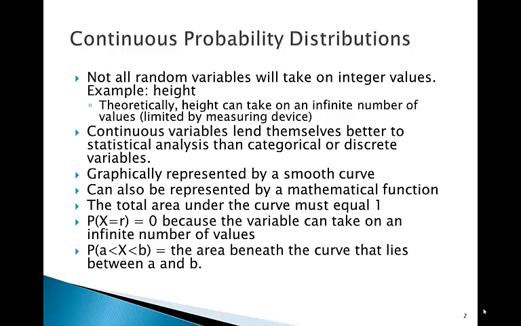This is because a variable can take on an infinite number of values, so the denominator would be infinity, the number of possible values. The area beneath the curve that lies between two values is how we'll have to figure out probabilities. So instead of figuring out the probability that x equals one specific number, we'll figure out the probability that x is less than a, or x is greater than a, or x is between a and b.